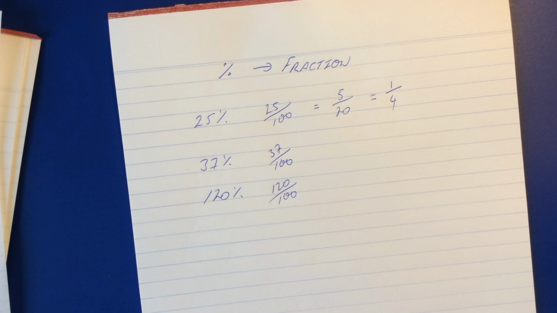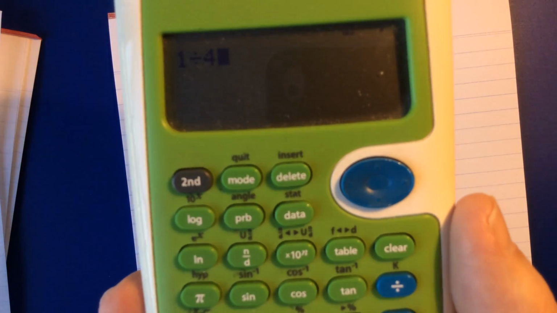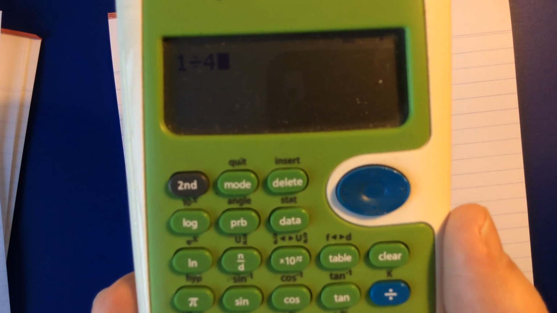Now, we said that we were going to get from a percentage to a fraction, and we're going to do the bonus thing. We're going to turn that fraction into a decimal. The easiest way to do that is on a calculator. So 1/4 is 1 divided by 4.